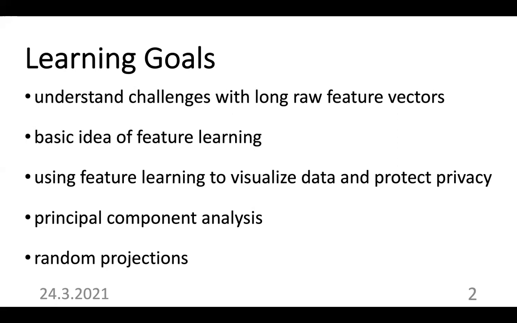Then we will talk about maybe the most important and most widely used feature learning method, which is called principal component analysis. This is a special case of feature learning methods when we constrain the extraction process to be linear. I will then tell you about another linear feature learning method, which is sometimes a very useful alternative, which is to use random projections.